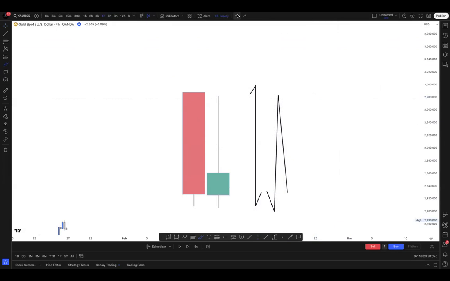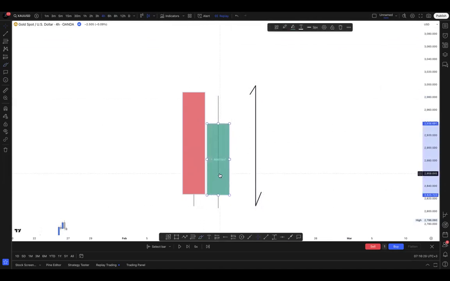If you have such a scenario, let me show you. You have to look at the volume, the strength of that candle, how it has closed. If it has closed like this, it indicates we have strong bulls in the market.